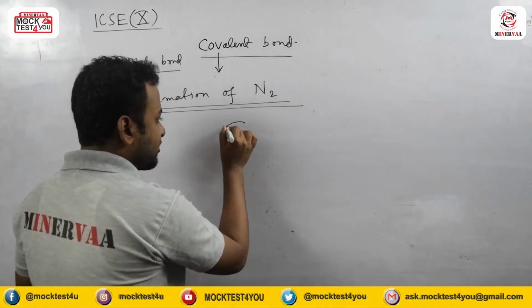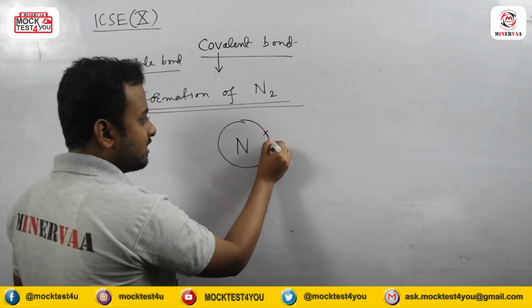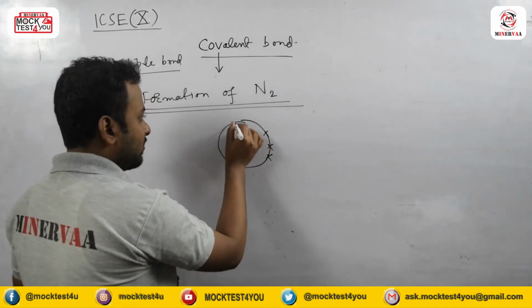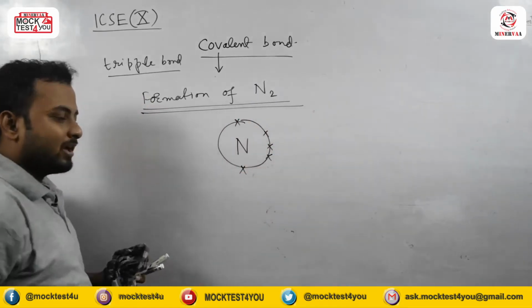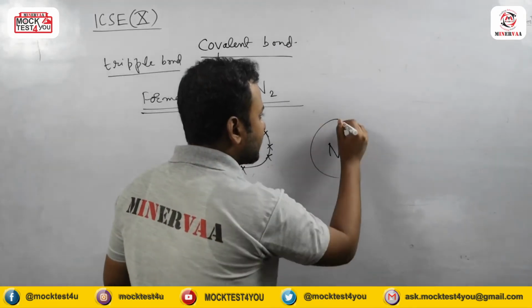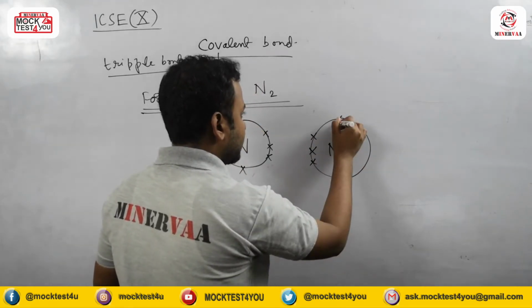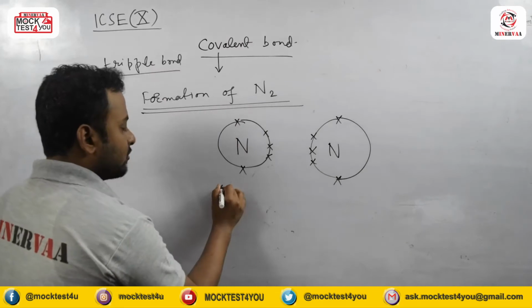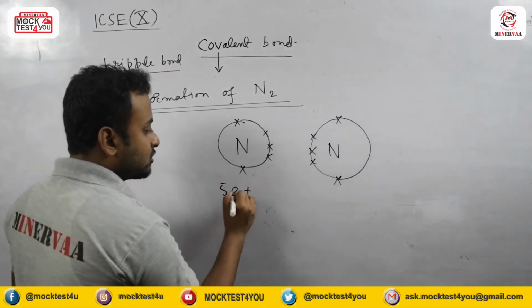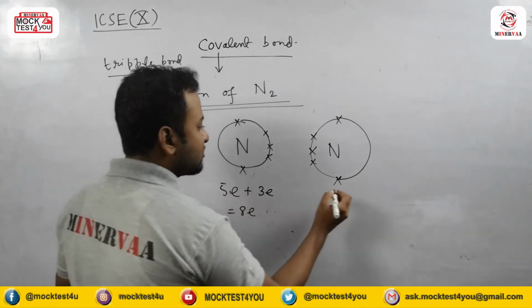So, the nitrogen has got 5 electrons in its valence shell. 1, 2, 3, 4, 5. So already it has 5 electrons, so it needs extra 3 electrons to complete its octet.